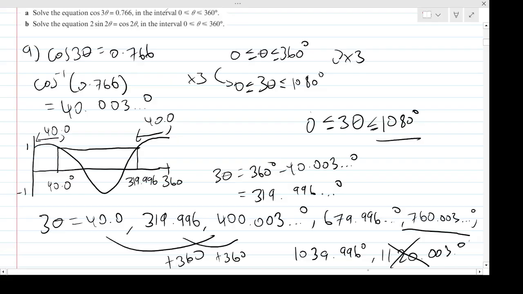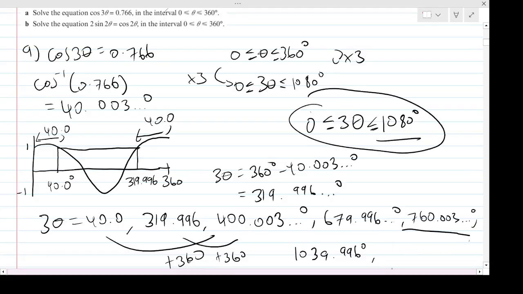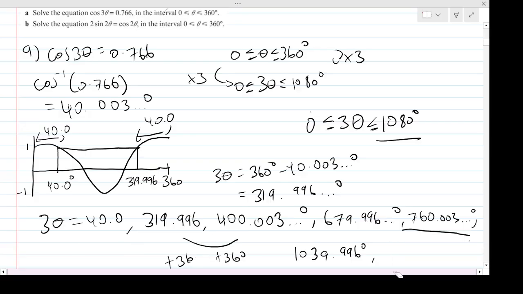This is above 1,080, so that's it. We stop there, right? Those are all the solutions we're interested in that fit our new range of values for 3 theta. Because remember, our angle is 3 theta, right? So 3 theta is all of these values that I've listed.